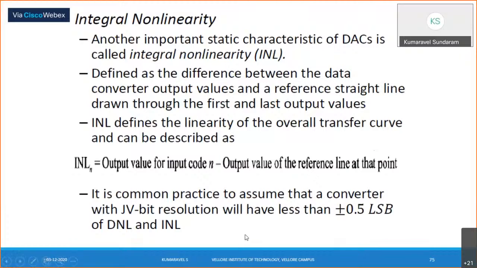So INL(N) is the output value for input code N minus the output value of the reference line at that point. INL should always lie between plus or minus 0.5 LSB.